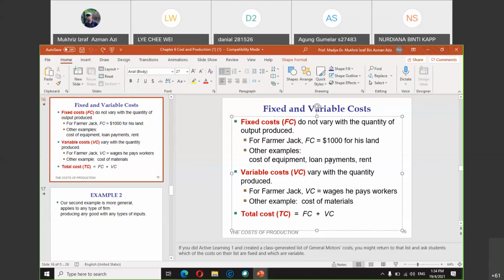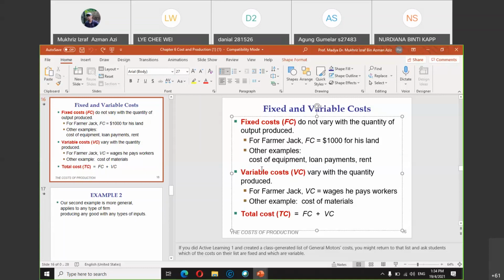Let's say you make a loan from a bank. Whether you do business or not, you still need to pay the monthly installment in the same amount to the bank. So that is a fixed cost. The cost remains the same regardless of the quantity of output, whether you produce 1, 0, or a lot.